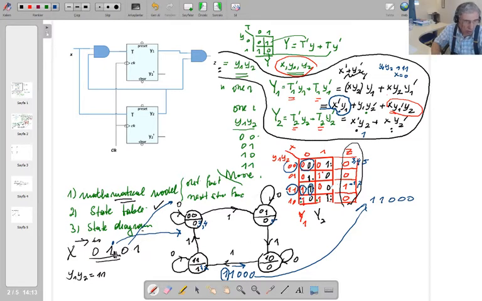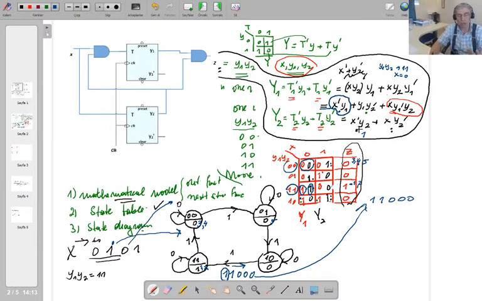For this next input 1, this next state is going to be the present state. So it happens step by step. For each input and present state, you're going to calculate these three functions. So it is cumbersome to do this.